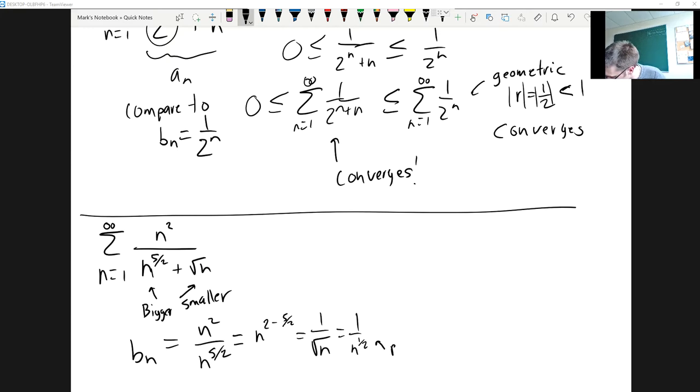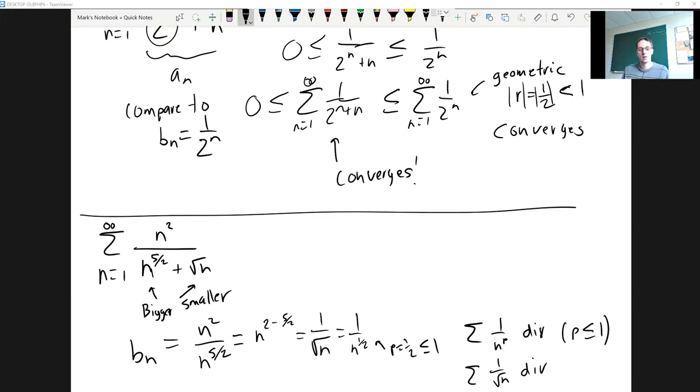This is just p equals 1/2, and if you recall, as long as p is less than or equal to 1, we know that the sum of 1 over n to the p diverges. And so this is a divergent series. Okay? So the thing that we want to compare to is divergent.